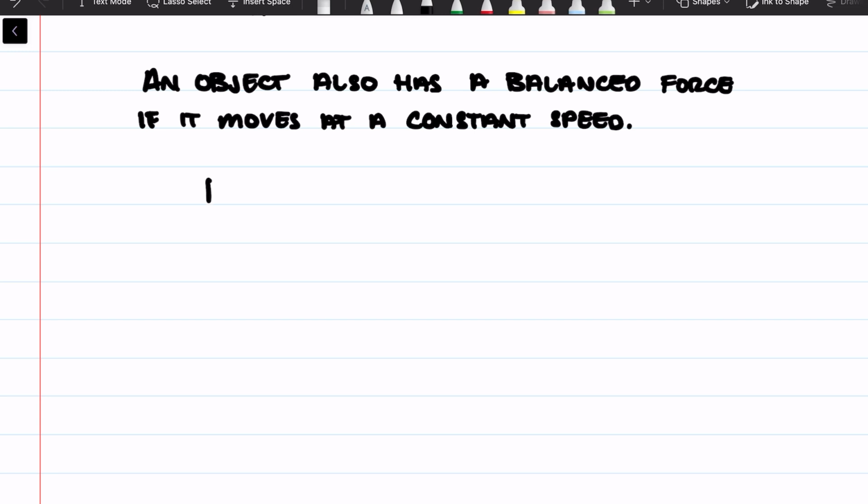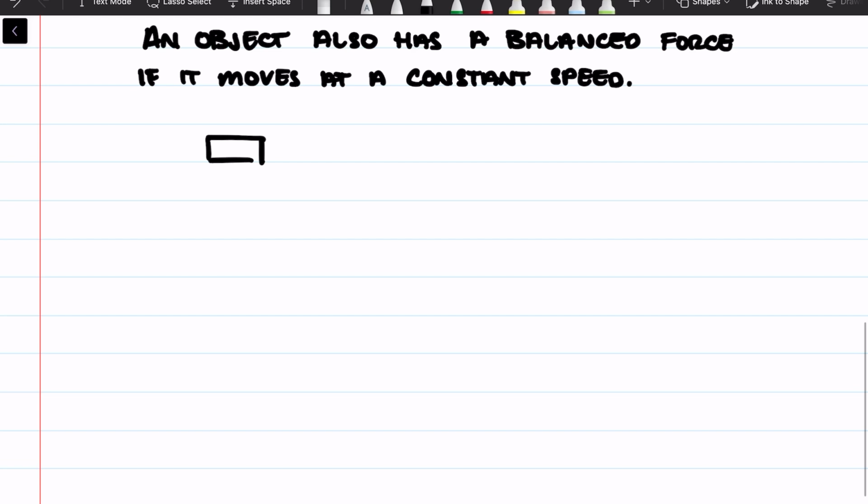So in other words, if you have a car here and the car is moving at, let's say, constantly 10 kilometers per hour, if it is constant, then we know that it has a balanced force, because even though there's an object that's pushing it, there is maybe an object that's holding it back to some level, but the push is still just as strong and is constant.